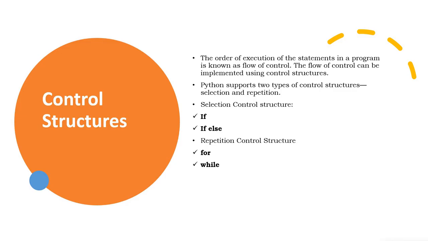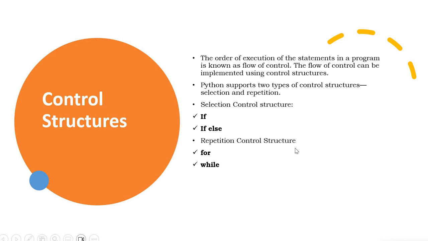Otherwise it will not be executed. In if else, what will be the flow of control? After if, you write a condition, and if that condition is true, then the statement after that will be executed. Otherwise the control will go to the else part, and whatever you write after else will be executed. So in if else, only one situation will be executed. If the condition is true, the if part will be executed, otherwise the else part will be executed. Similarly, you can create an if else if ladder also.